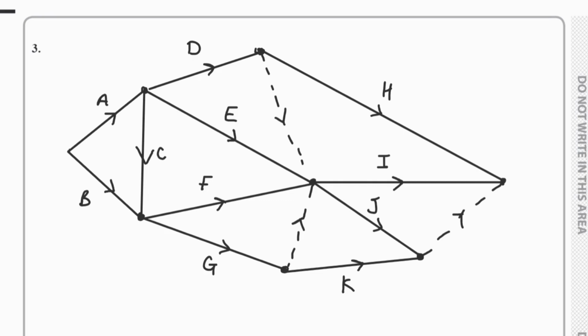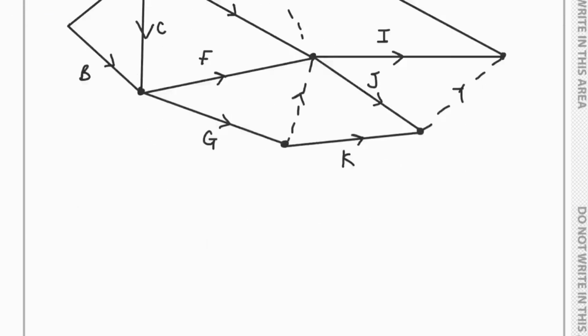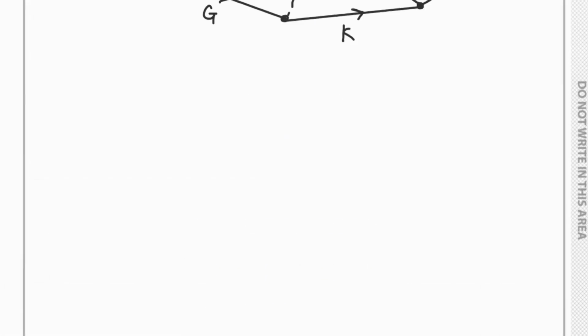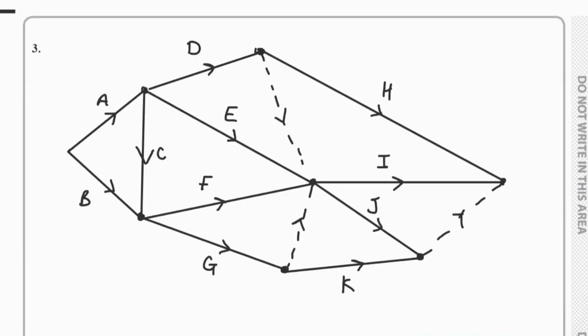It then says every activity shown in the precedence table has the same duration. Explain why B cannot be critical. If we look at our activity network, F and G both rely on both B and C. But for C to finish, A has to have already finished.